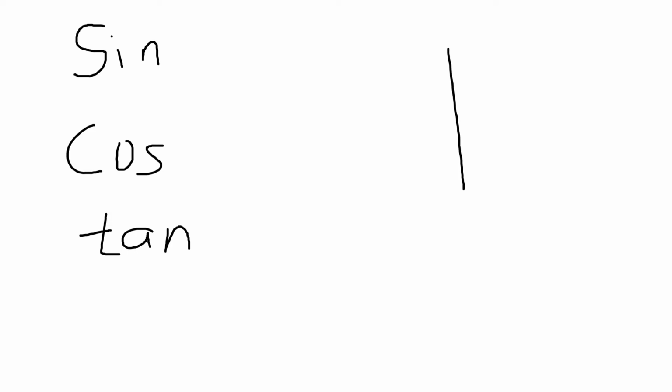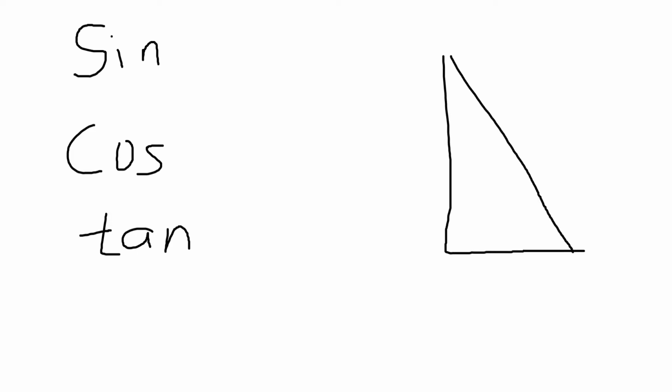Let's just take this as a right angle triangle where this angle here is 90 degrees. Given that particular angle to be 90 degrees, that's the actual reason we call it a right angle triangle.